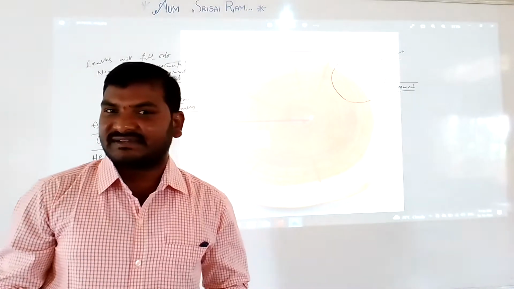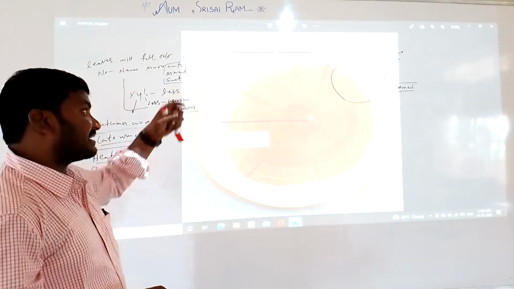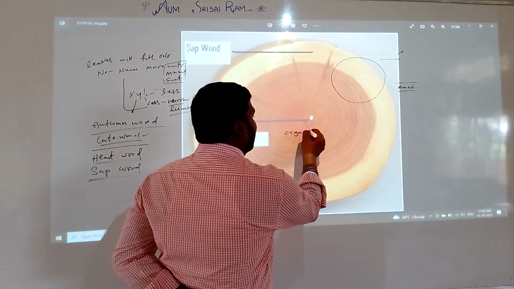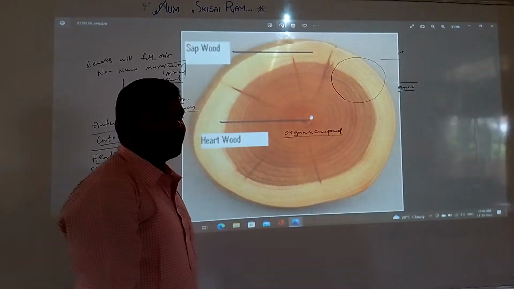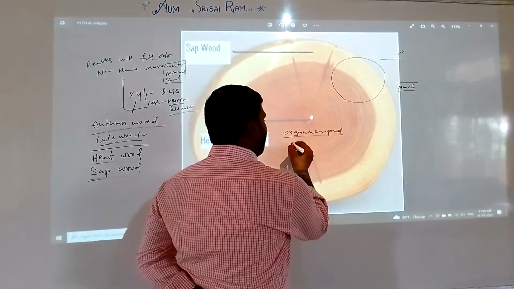What is the reason for the dark color? What is the reason for the light color? The dark color is due to many organic compounds. The dark colored wood is present with many organic compounds. What are the organic compounds?